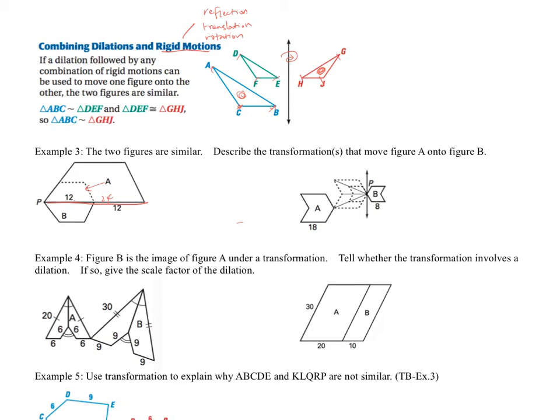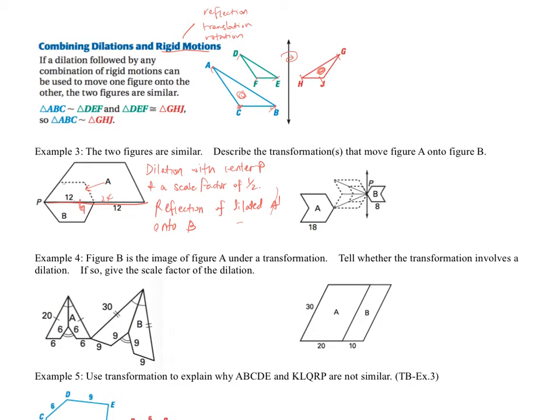So we have 12 to 24 as our scale factor, so we can write dilation with center P and a scale factor of 1/2. And then after it has shrunk to this image, we can say that it is a reflection of dilated A prime onto B.